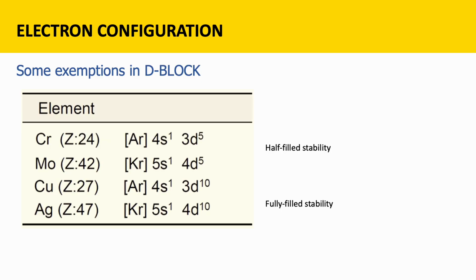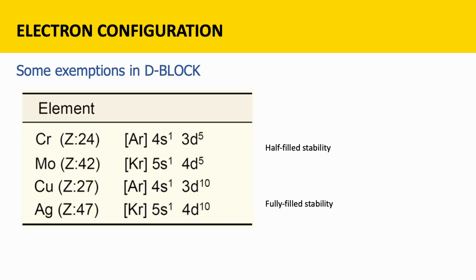Half-filled and fully filled orbitals are more stable because of their symmetrical distribution of electrons within the subshell, meaning it minimizes electron repulsion but maximizes exchange energy, no? Leading to a more stable configuration compared to the partially filled orbital with an uneven electron distribution.